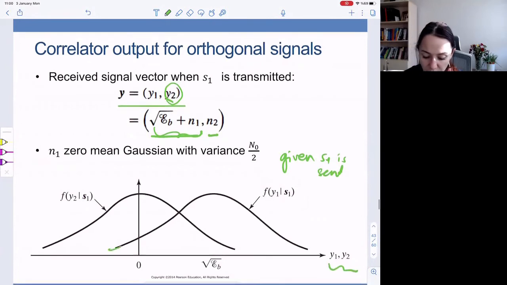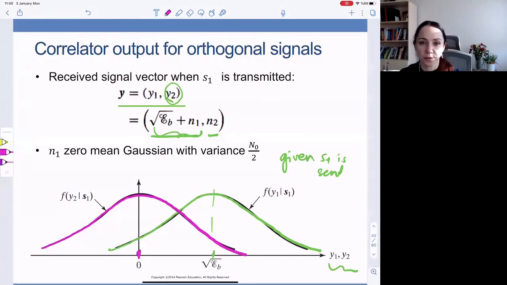Y1 is going to have a probability density function that is centered at EB. Y2 is going to have a probability density function that is centered at 0.